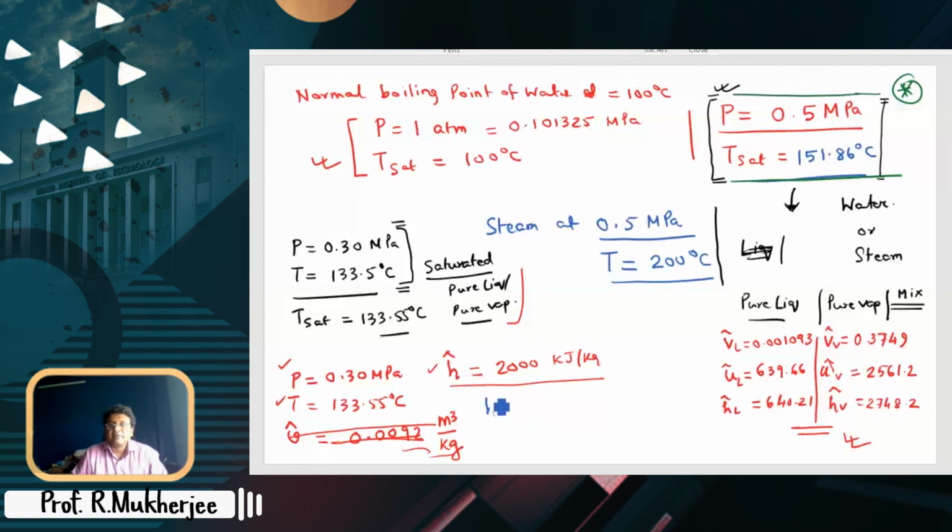Mixture, very good. HL is 561.45, and HV is 2725.3.